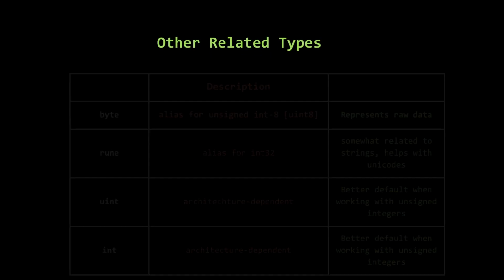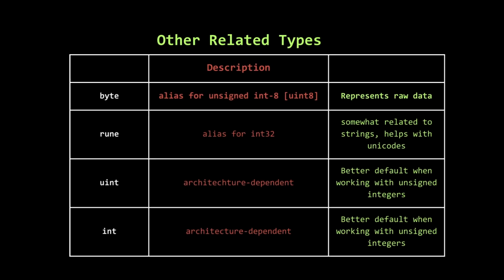We'll be talking about some other related data types. So we have the byte. Bytes represent raw data. Most of the time when you'll be dealing with bytes is when you're dealing with network protocols, file systems and network interfaces, or to some extent memory optimizations.